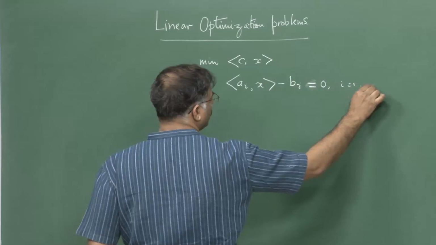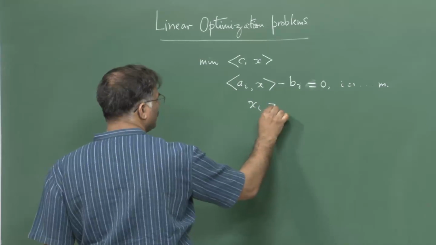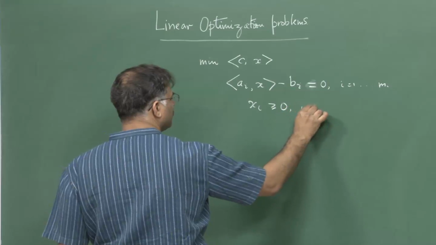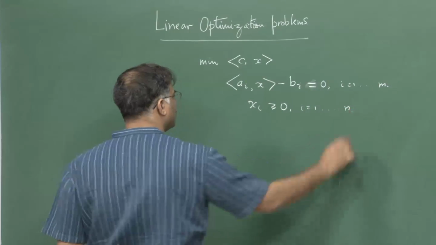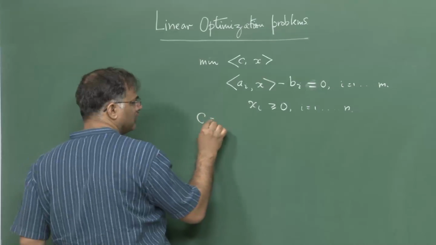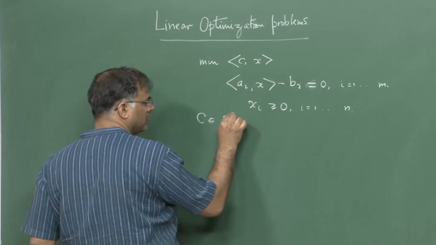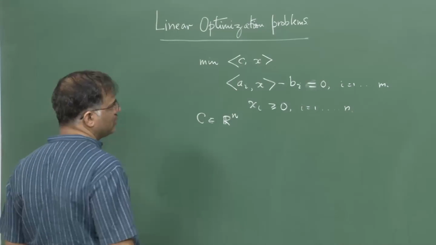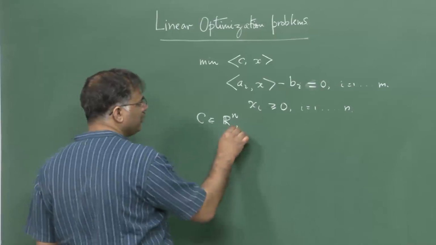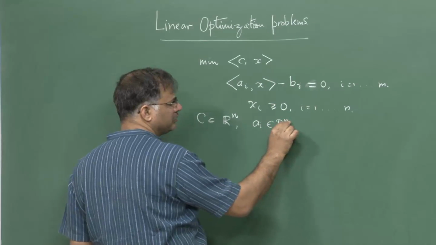There is a standard form, and all the xi's are greater than or equal to 0. The decision variables. So, here c is an element in Rn, and so is x, the decision variable. Each of the ai's are in Rn.